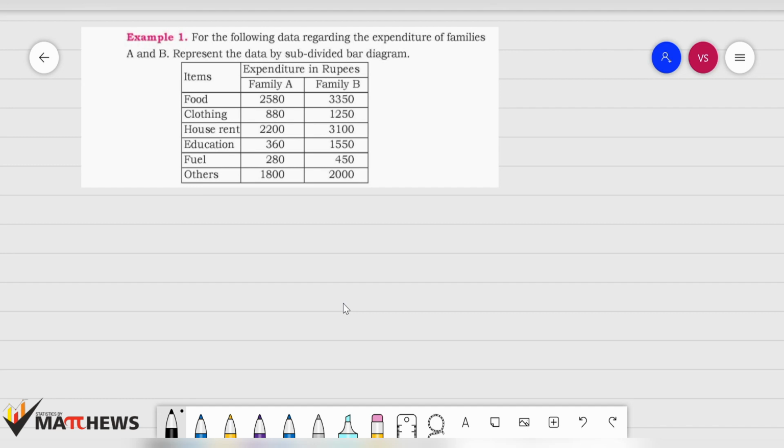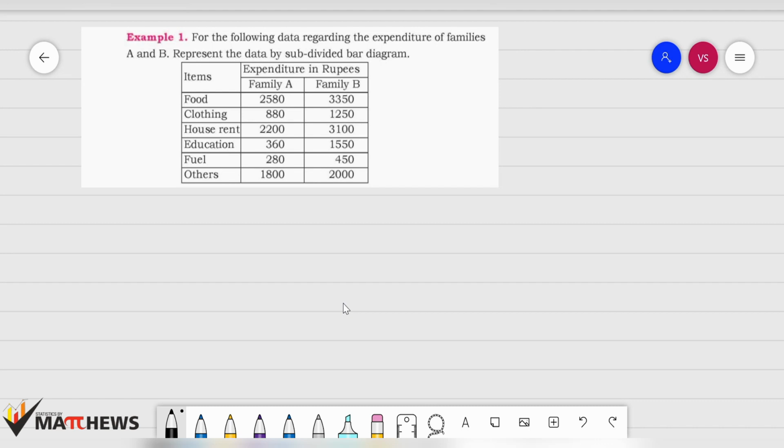One bar of the total magnitude should be drawn, students. If we have two or three sets of data together in one problem, we need to draw bars for two or three sets of data.